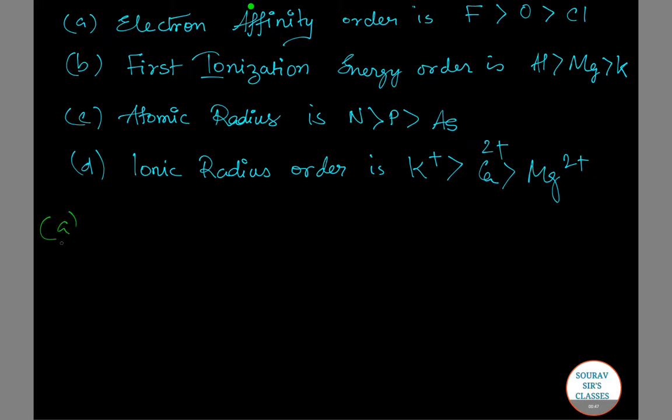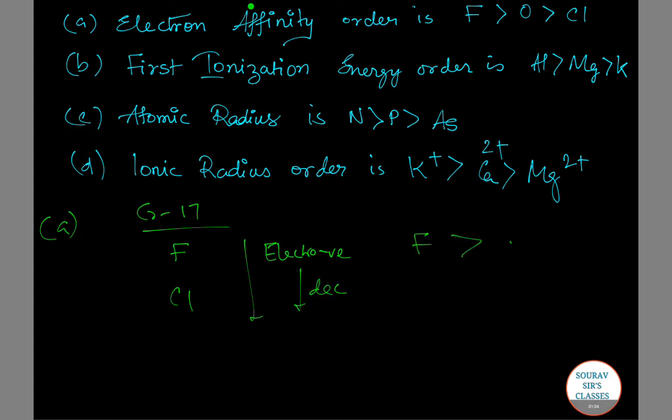Starting with option A, we have electron affinity order. We know that under group 17 we have fluorine and then chlorine, and the electronegativity decreases down the group. So fluorine is greater than chlorine.